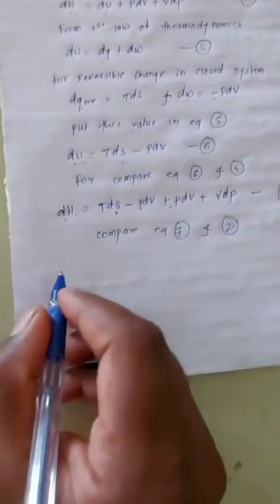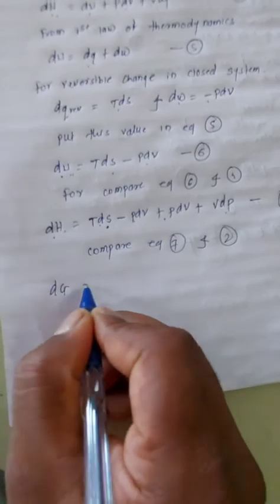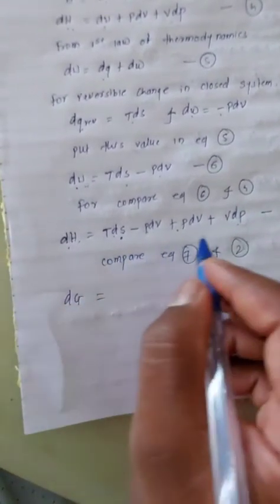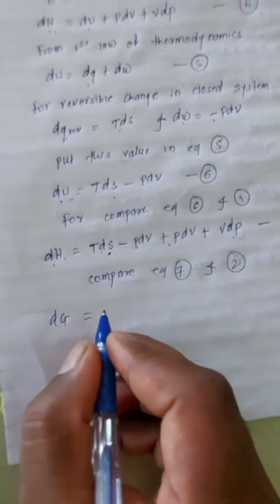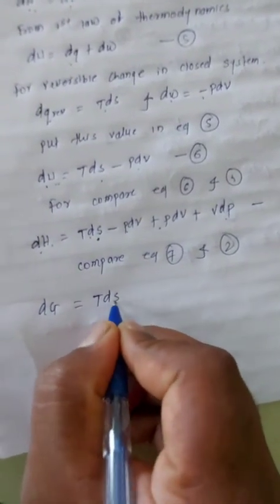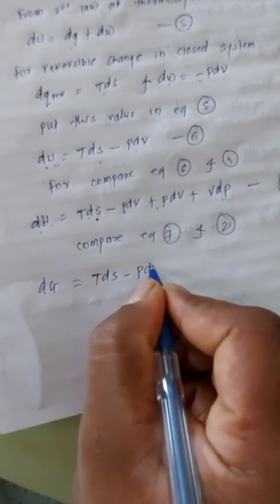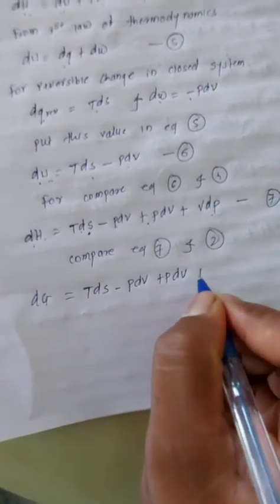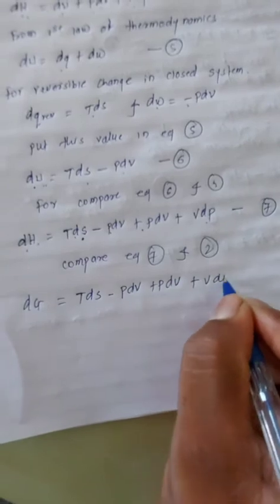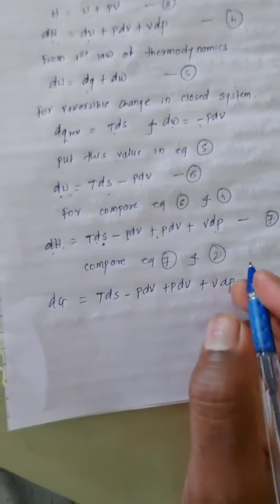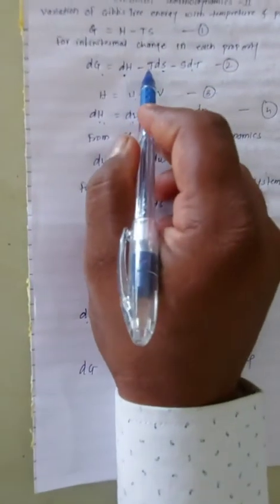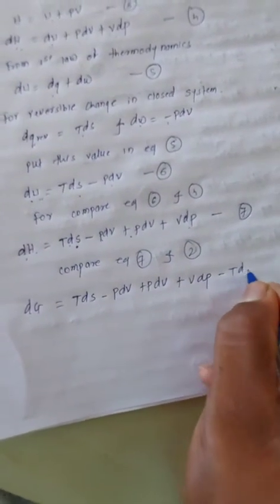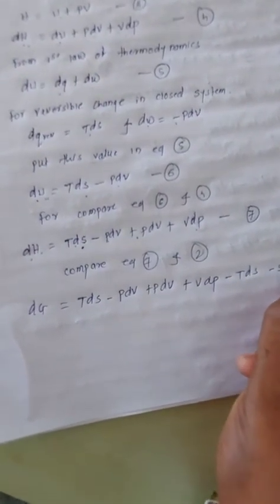Then dG is equal to TdS minus PdV plus PdV plus VdP, and the remaining terms minus TdS minus SdT.